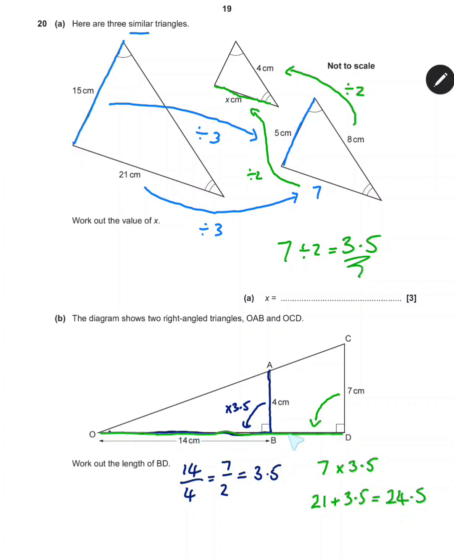Now that 24.5 is the whole bottom of this triangle, and what we're actually asked to work out is just BD. Now BD is the whole measurement, so 24.5, take away this 14 that we were given. 24.5 take away 14 will be 10.5.